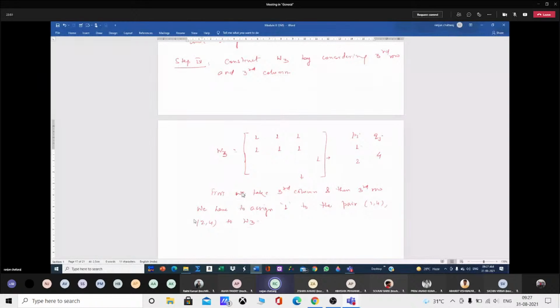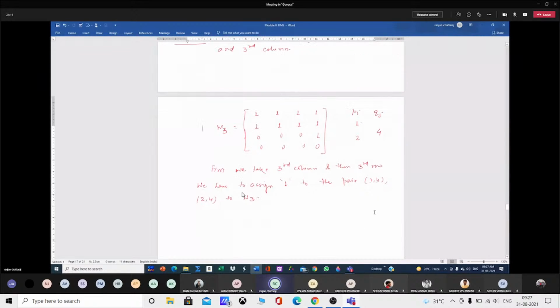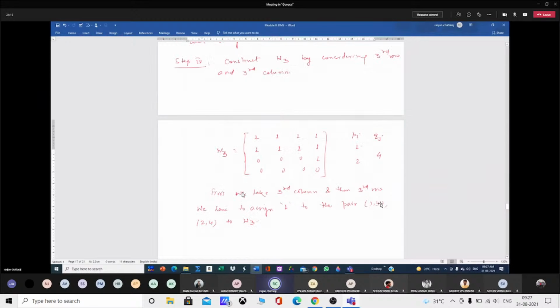Okay, now 1, 4, this is first row, fourth column, and 2, 4, this is 1. Okay, and the rest are 0. W3.